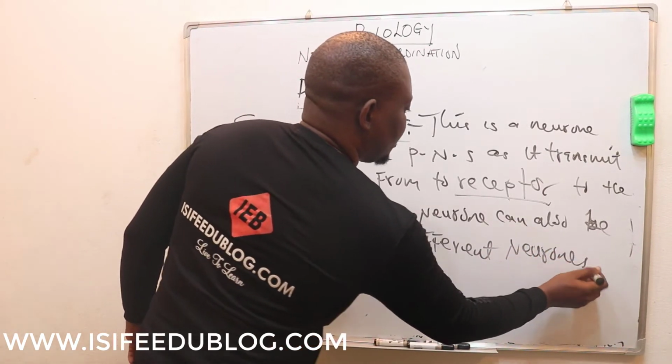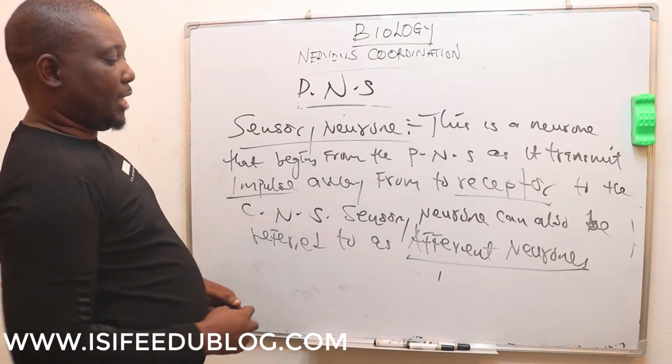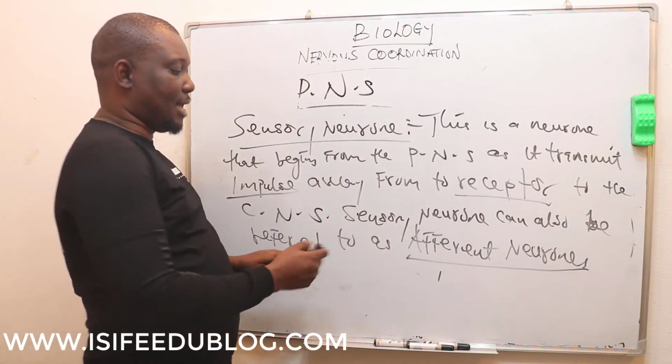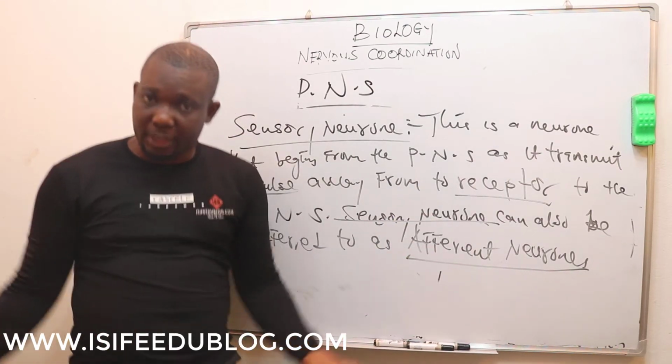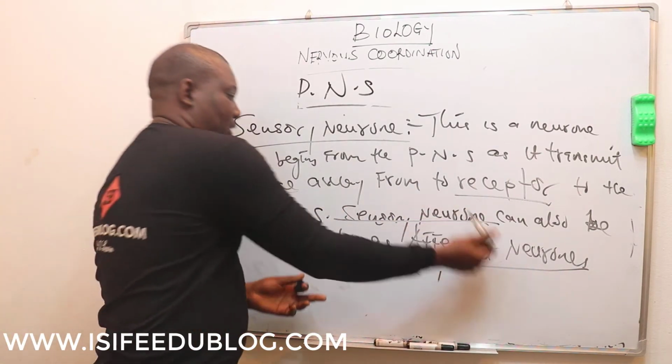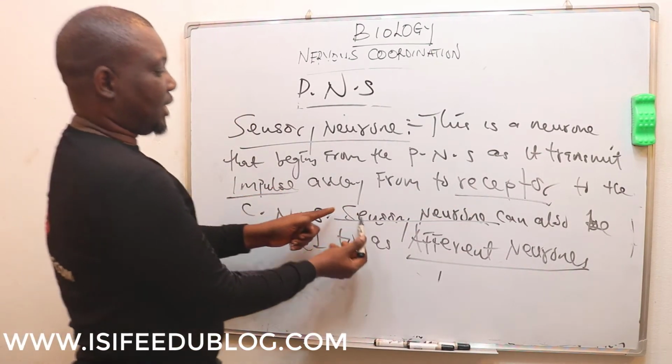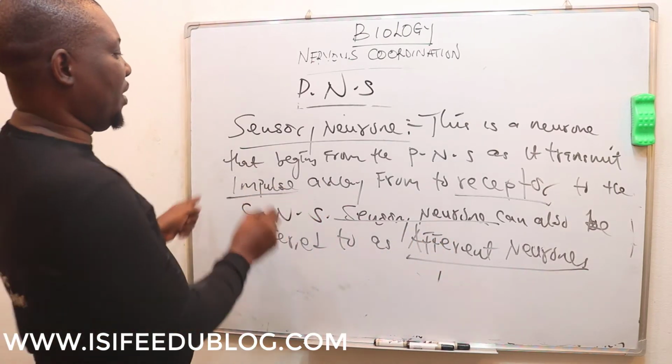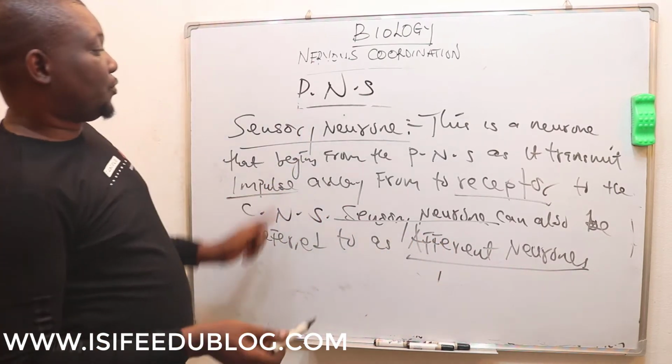Afferent neurons. You can underline this. So you can use afferent and sensory neuron interchangeably. Why can you use them interchangeably? Because this is a type of neuron that is moving impulses away from the what?